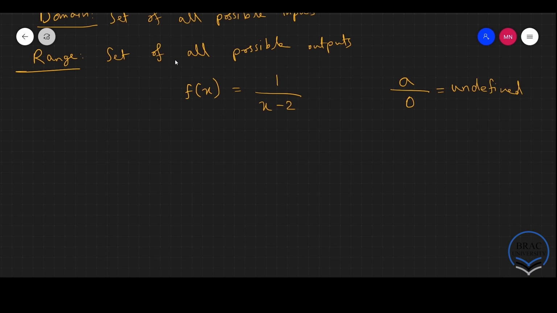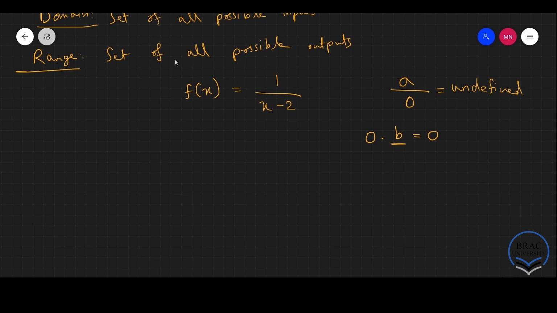Why is it undefined? It's because we cannot find any number that if we multiply it with 0, it will give us a. No number exists that if I multiply it with 0, it will give me back a. Because what do we know? We know that if we multiply any number with 0, let's say we multiply b with 0, then we will always get 0, right?